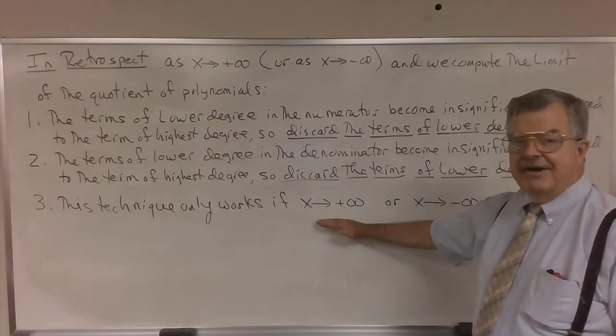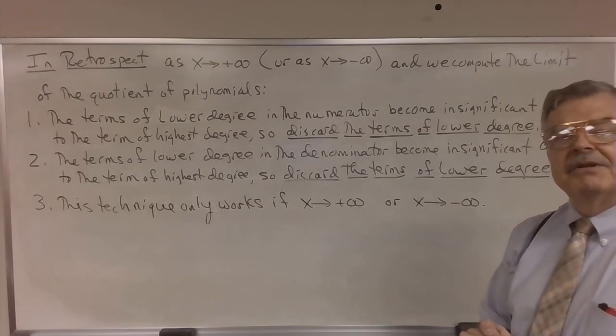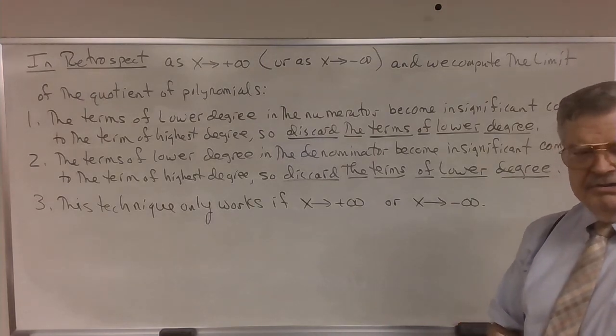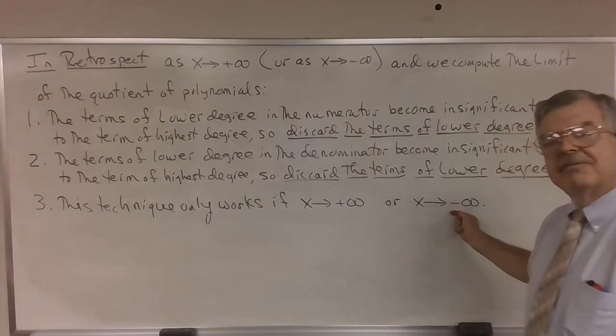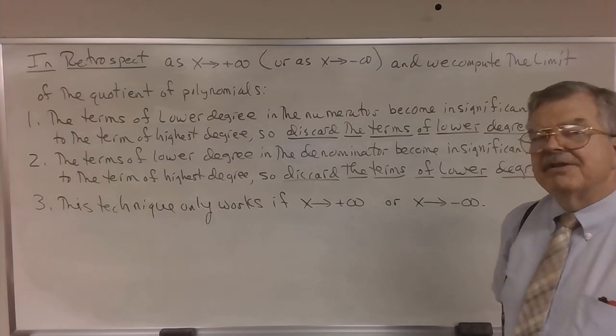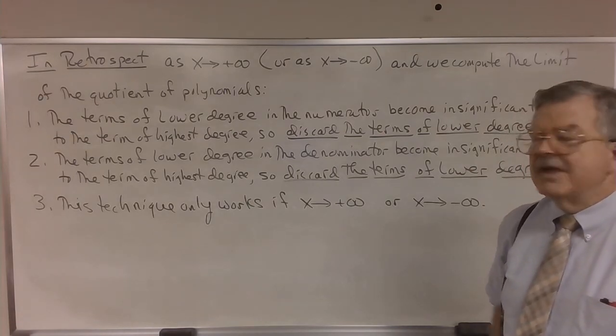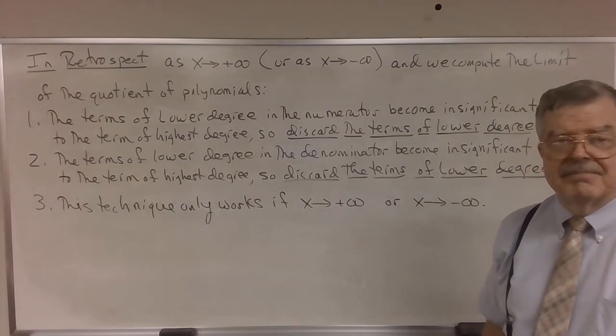Now, part 3 is very important. This trick for computing limits only works if x is approaching plus infinity or x approaches negative infinity. So if we're computing the limit as x approaches 2, don't go throwing away the terms of lower degree.